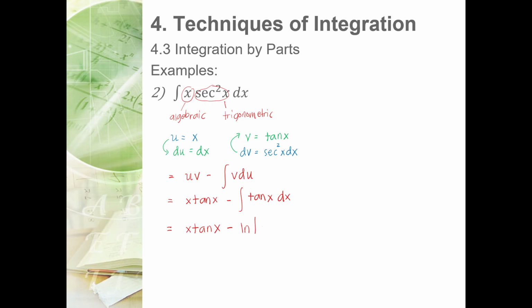Okay, so that's negative ln cosine x. So again, since it's negative, you can have the positive value of the negative ln cosine. So instead of negative ln cosine, you have ln secant x plus c.